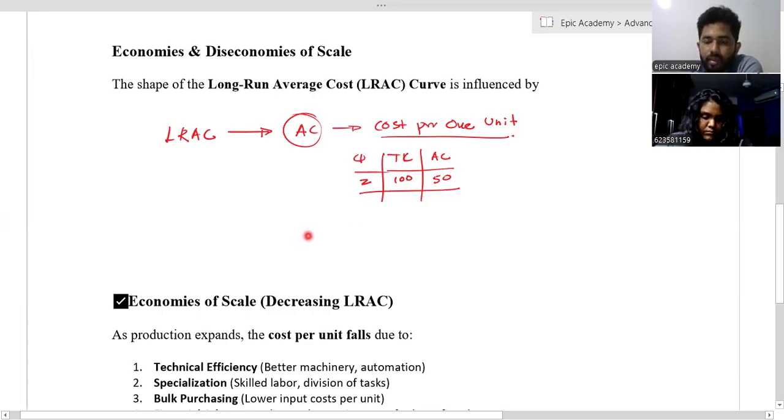Yes, you have to spend 50 rupees to produce one commodity. That's the meaning of cost per one unit. That's the theory.